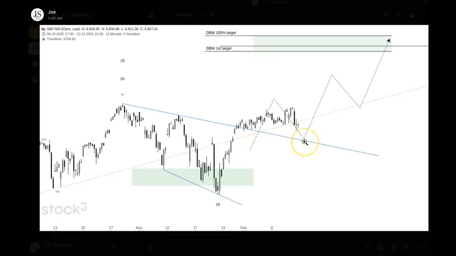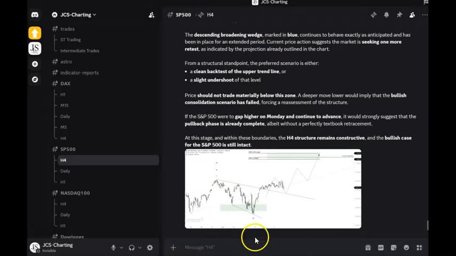If that breaks, and we lose, let's say, 6,680, be careful out there. Then the S&P could turn around completely to retest these lows, or even to test 6,400. But this is what we have the hourly chart for at the S&P.